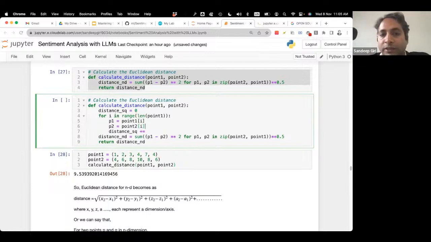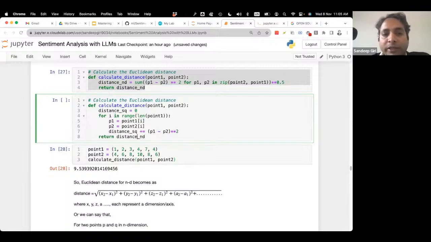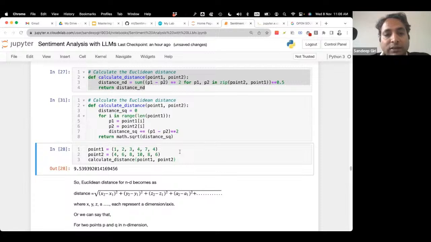And then I am doing the square. The way you do the power is by doing 2 asterisks in Python. I'm doing it because I think that not everybody is comfortable with Python. Then I'm returning the distance.